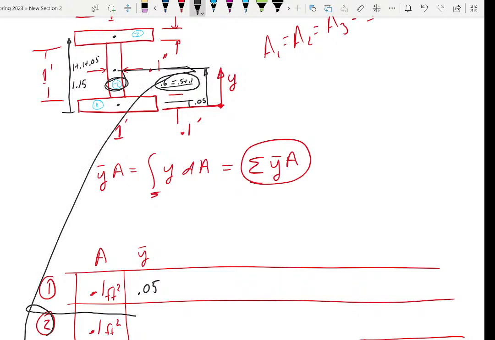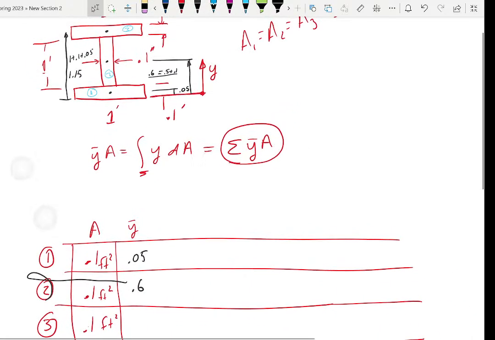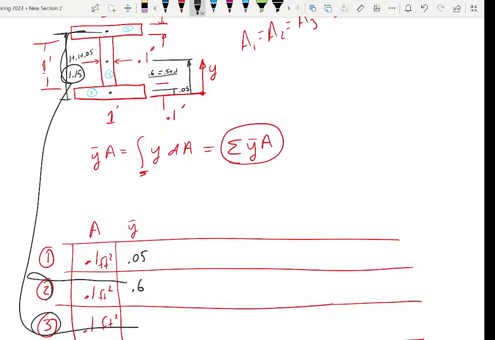That's the second one. So that should be 0.6. The distance to the third one, the top one, here's the centroid. It's 1.1, and that's for this, so it should be 1.15, sorry, 1.15.